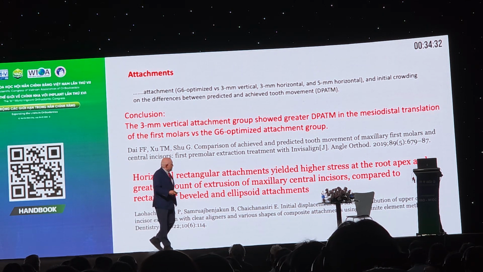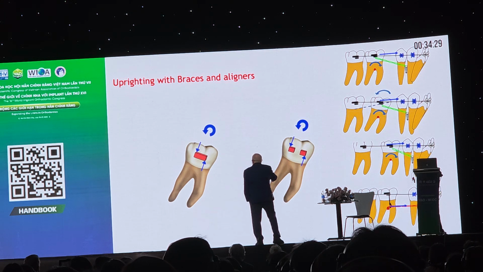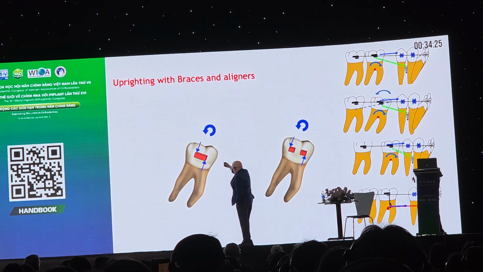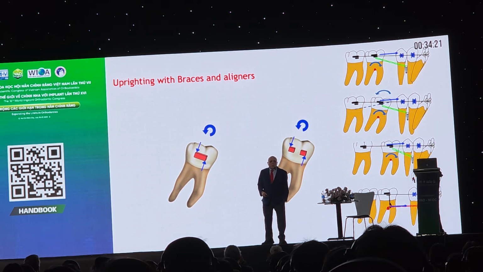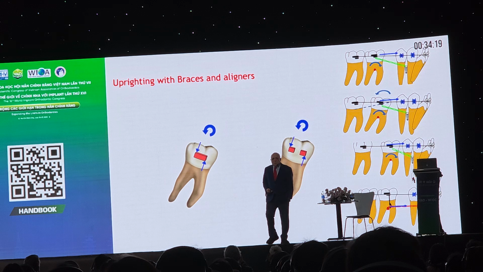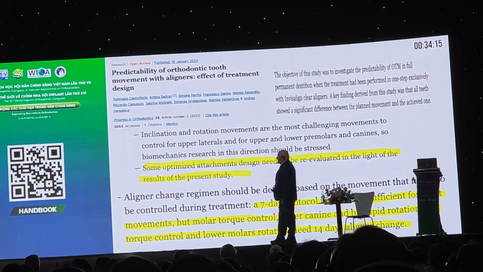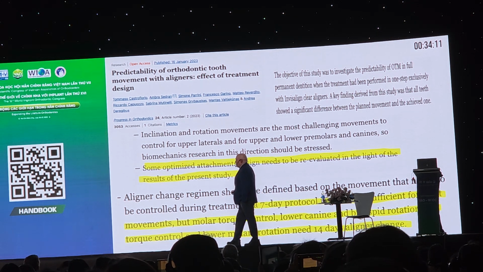People are following the studies coming out. So again, it doesn't make a difference if I apply a force on a single attachment or on 2 attachments, as long as I can create the same moments. So all these studies you can see are now talking about attachments.